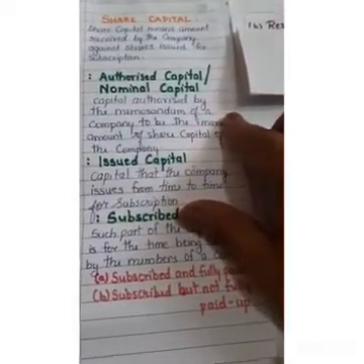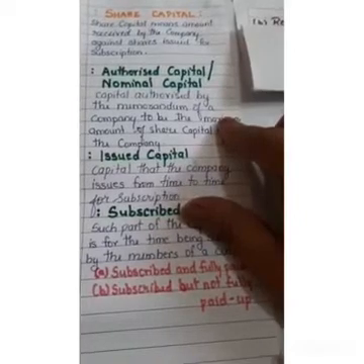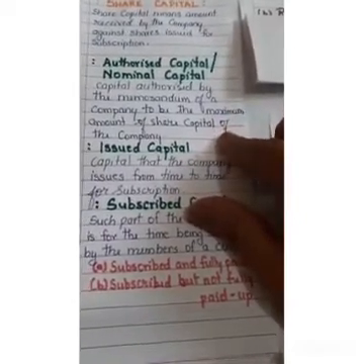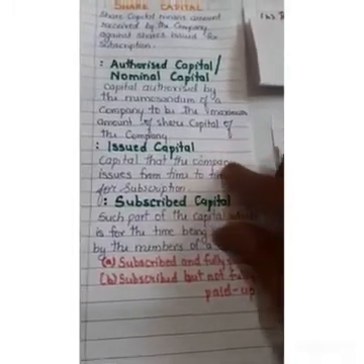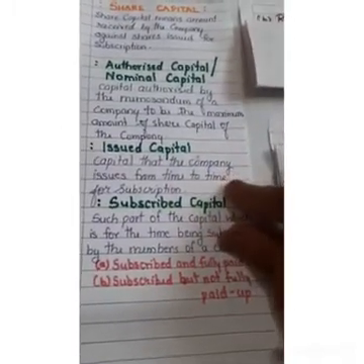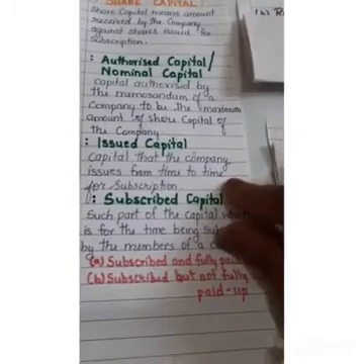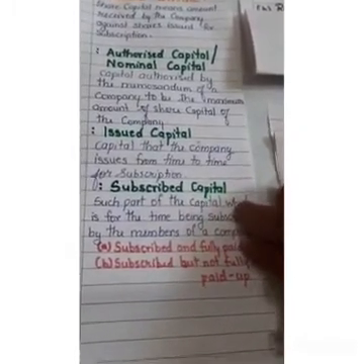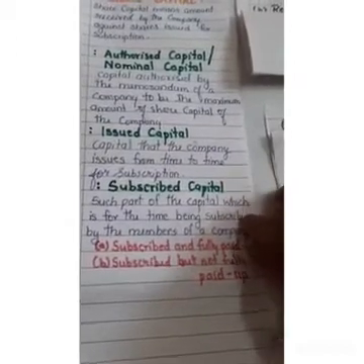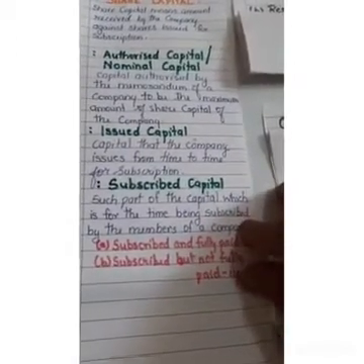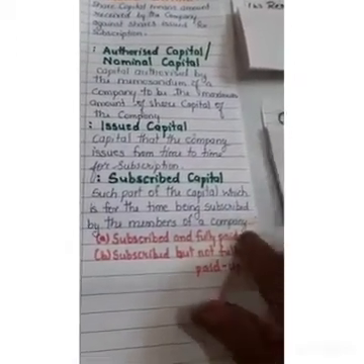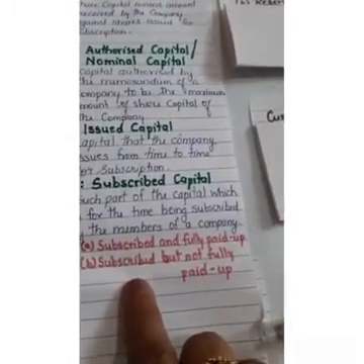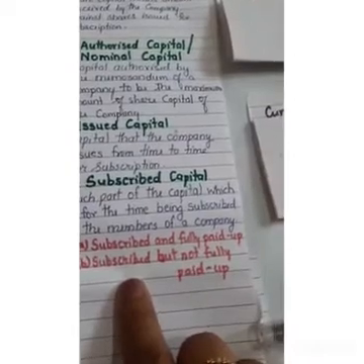This is that part of capital which is mentioned in the memorandum of a company, and it is the maximum amount of share capital of a company. Then comes issued capital, the capital that a company issues from time to time for subscription. Then comes subscribed capital, such part of capital which is for the time being subscribed by the members of the company, which is again classified into 2: subscribed and fully paid up, and subscribed but not fully paid up.